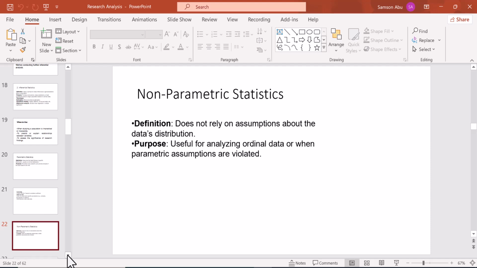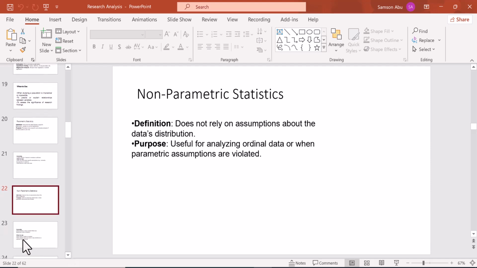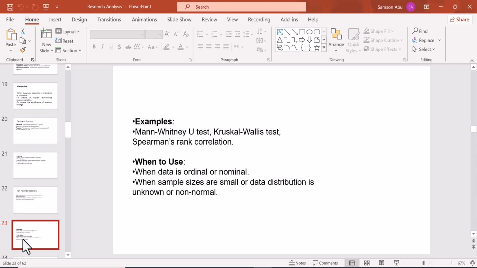Examples: we have the Mann-Whitney test, which is the opposite of your t-test. You have the Kruskal-Wallis test, the opposite of your ANOVA. Then the Spearman rank correlation, the opposite of your PPMC, and then Kendall tau-b and Kendall tau-c. All these are examples of non-parametric tests.